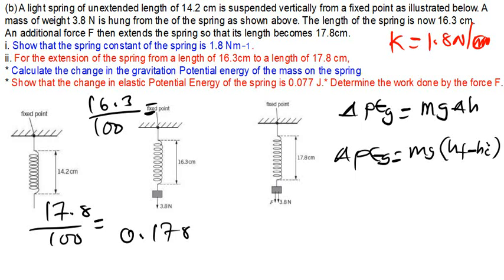Okay, let me first ask you this. Are you okay with me using this formula, or maybe you're okay with me using just the final gravitational potential energy and the initial, then we do minus? Which one is okay for you, or just direct? I think we should just go direct. Direct is okay with you?